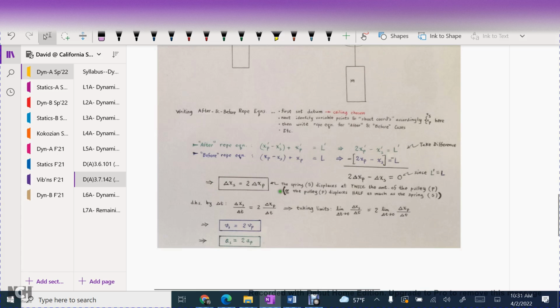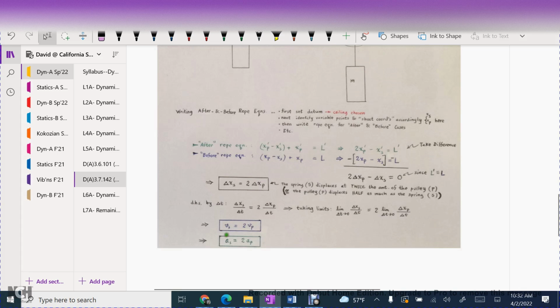And that's this relationship. Now, let's also remember that once I get it in its incremental form, which is this equation, then I can go through and divide both sides by delta t, take the limits, and when I do that, I can get my velocity relationships. In other words, the spring speed is going to be equal to twice that of the pulley.